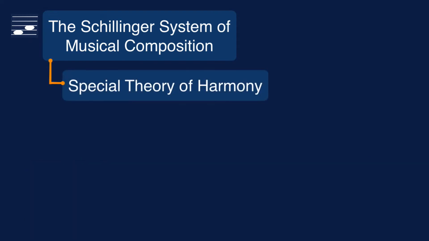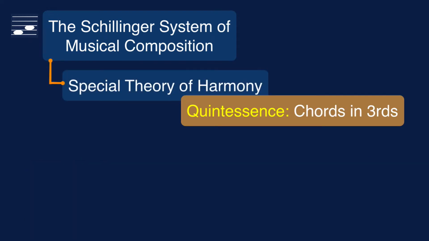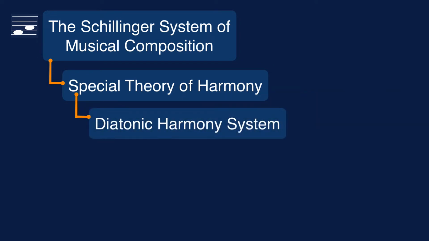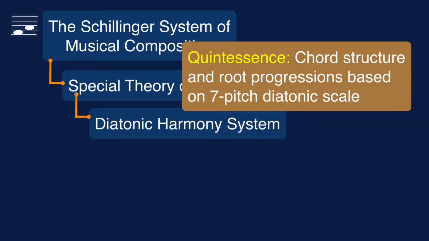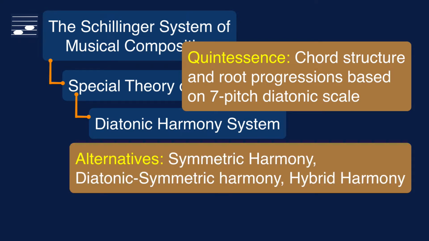The Schillinger system is a set of books in 2 volumes. The special theory of harmony discusses traditional and tonal harmony, with chords in thirds. The diatonic harmony system is a subclass, where chord structure and root movement are based on 7-pitch diatonic scales. Alternatives to the diatonic system are symmetric harmony, diatonic symmetric harmony and hybrid harmony.